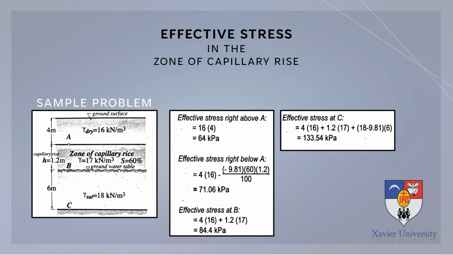Okay, we are asked first to solve for the effective stress right above A. That is equal to the stresses of the layers or the weight right above A. So basically, that is just this gamma dry times 4 meters, because what is above our point A is dry soil. So that is 16 times 4. That is equal to 64 kPa.